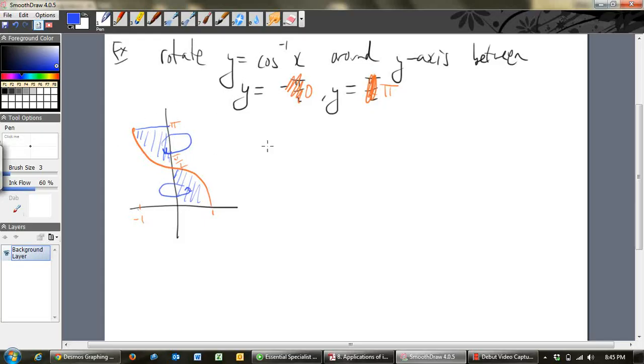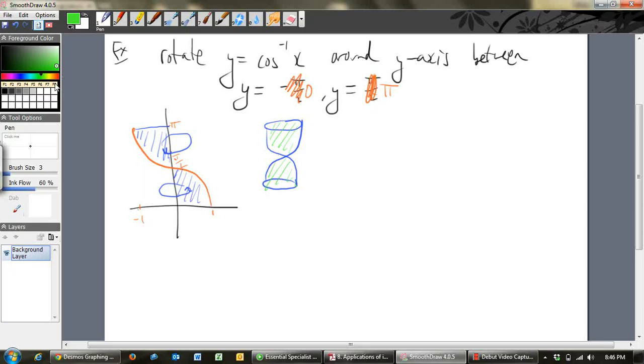What you end up with is like this hourglass shape, a cool 3D hourglass shape, which is pretty cool.